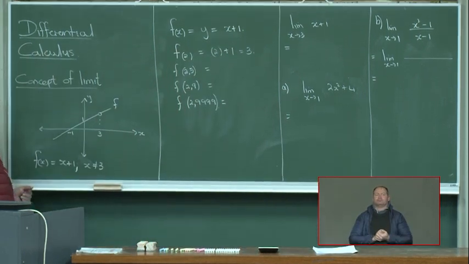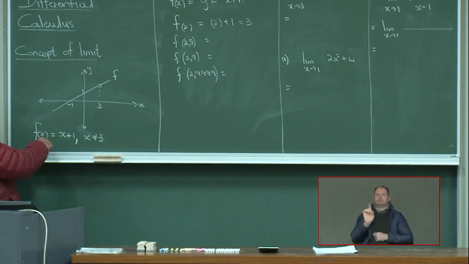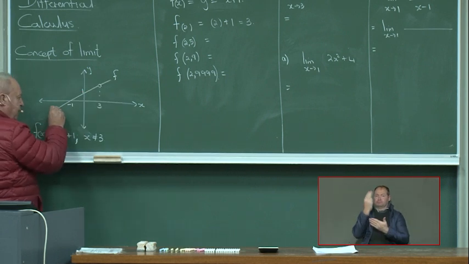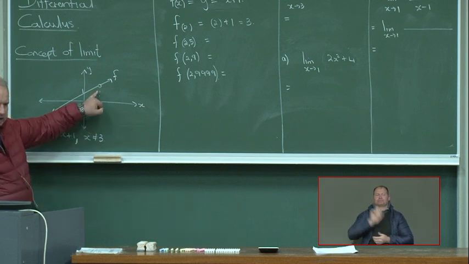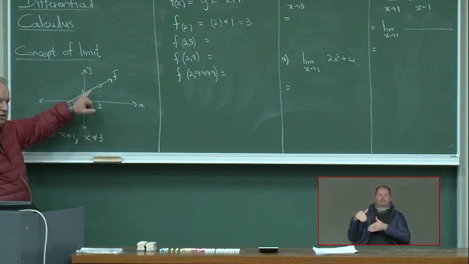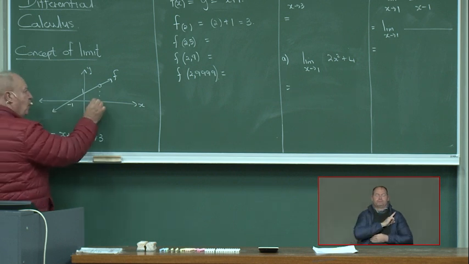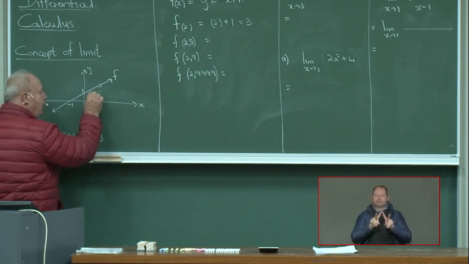What is a limit? If I've got the graph f(x) = x + 1, there the graph of f is drawn. I'm excluding 3. The reason for excluding 3 is I want to see what the value is as I approach 3.